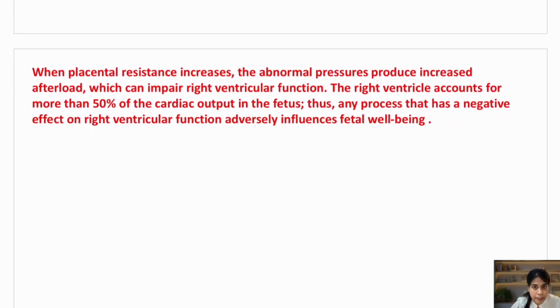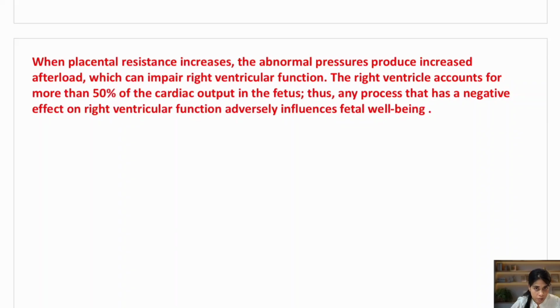When placental resistance increases, the abnormal pressure produces increased afterload which can impair right ventricular function. The right ventricle accounts for more than 50% of the cardiac output in the fetus. Thus, any process that has a negative effect on right ventricular function adversely influences fetal well-being.